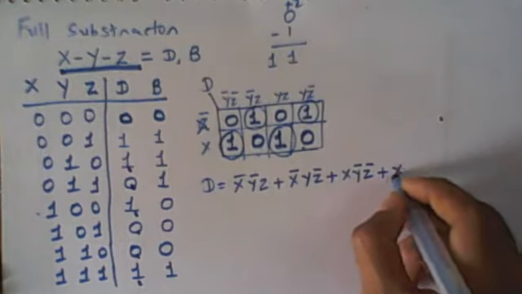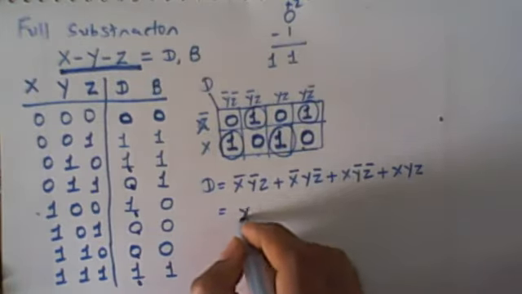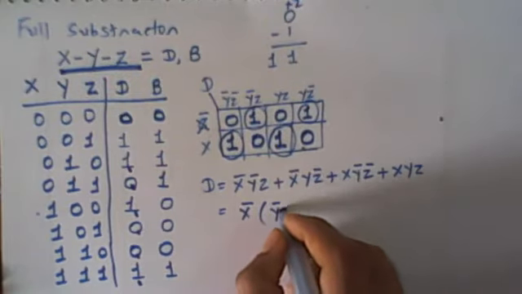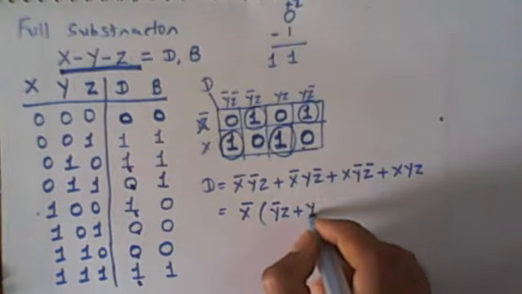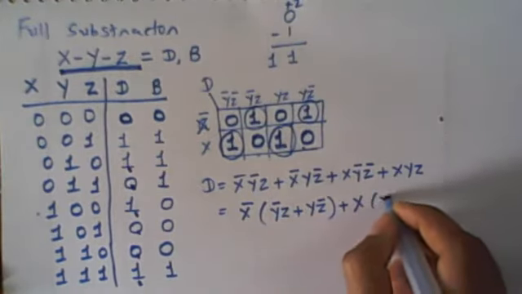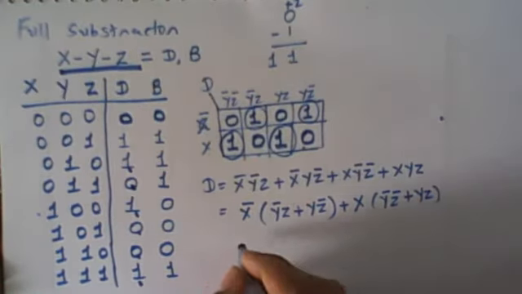Okay. Let's take the x bar common from the first two terms, so it is y bar z and y z bar. From the second two terms, let's take the x common, so it is y bar z bar plus y z. Right.